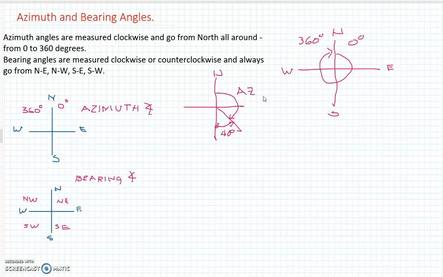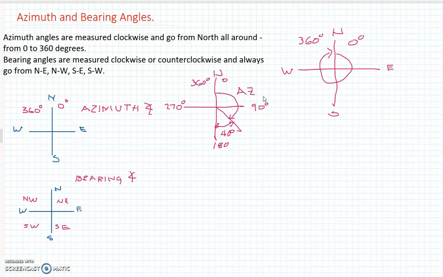So how do you find this? You know this is 90 degrees, this is 180 degrees, this is 270 degrees, and this is 360 degrees, from 0 all the way around to make 360.